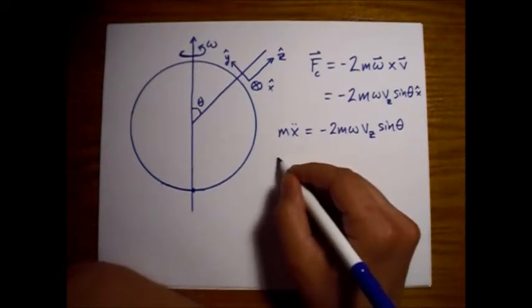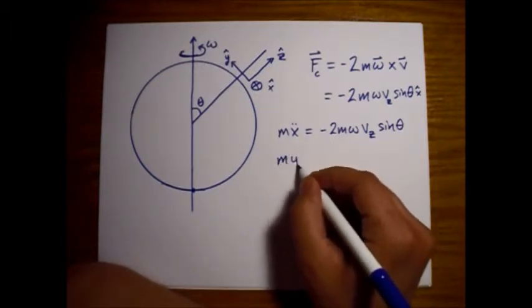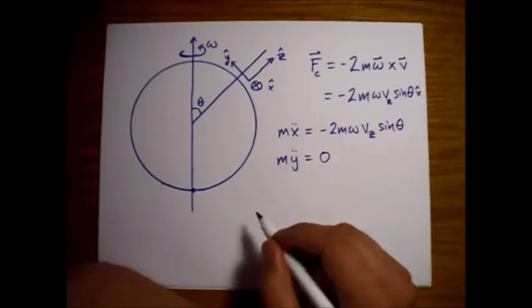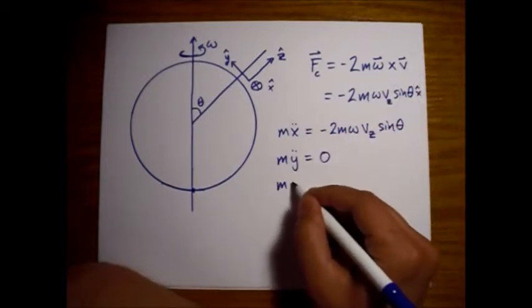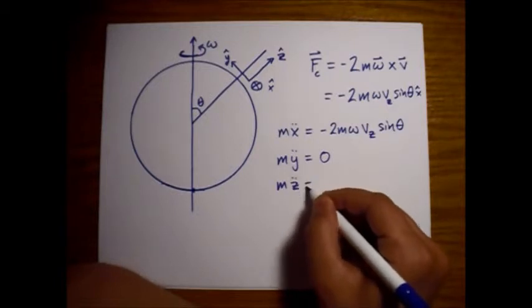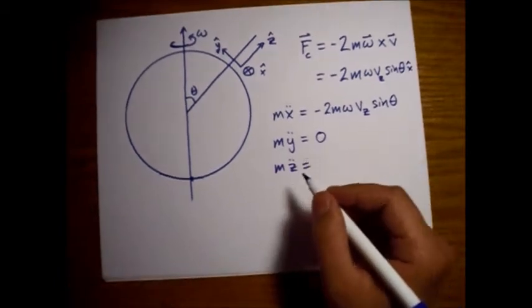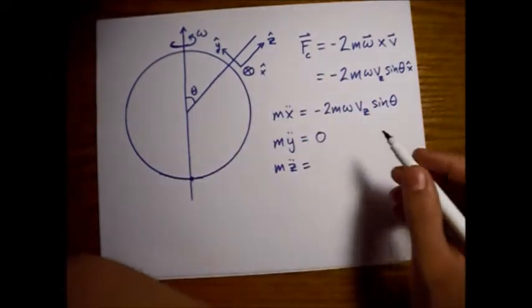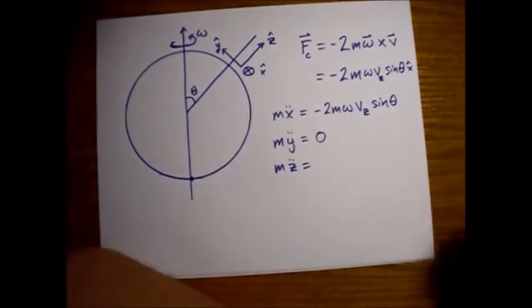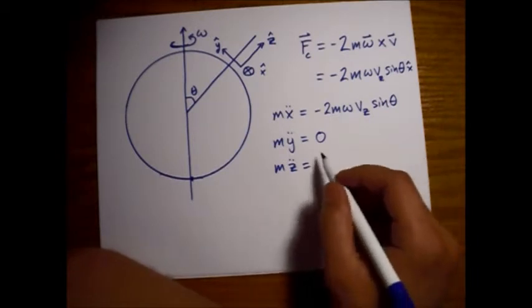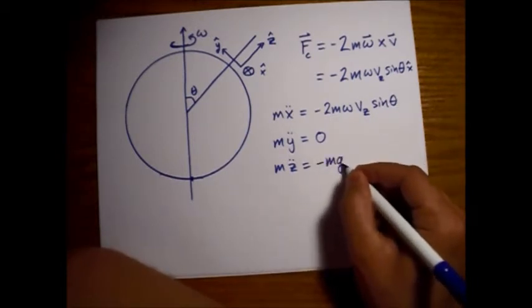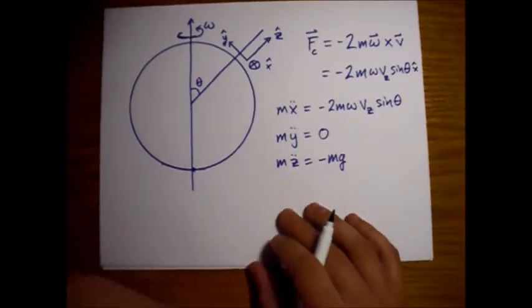For y, we don't have any forces in the y direction. And for the z direction, the force is just the weight, so m z double dot equals minus mg.